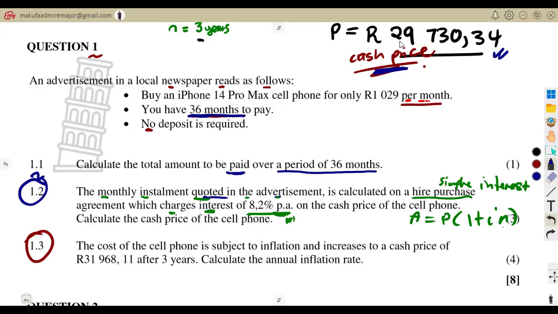They're saying the cost of the cell phone is subjected to inflation and increases to a cash price after 3 years. When we are talking about this, not to say someone is buying this under hire purchase. Forget about what happened about the hire purchase, this and that. They are saying this cost price, the cost of the cell phone, which is the cash price, we take it to be our principal.